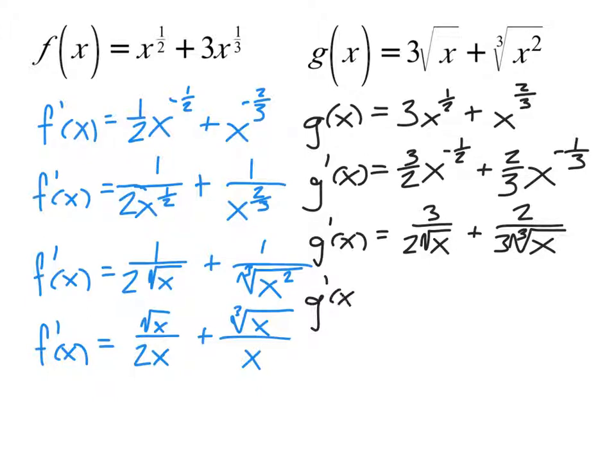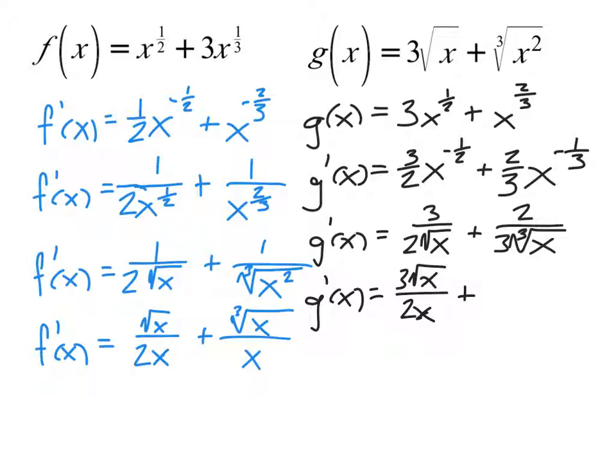So we got g prime of x equals, now I'm going to multiply top and bottom of the first fraction by root x. That will give me 3 root x over 2x. Plus between them. Now on the second one, what makes it tricky is that if I multiply the cube root of x by the cube root of x, all that gives me is the cube root of x squared.